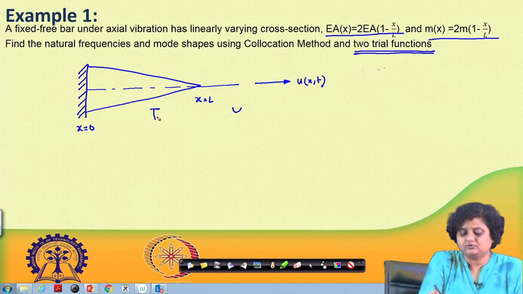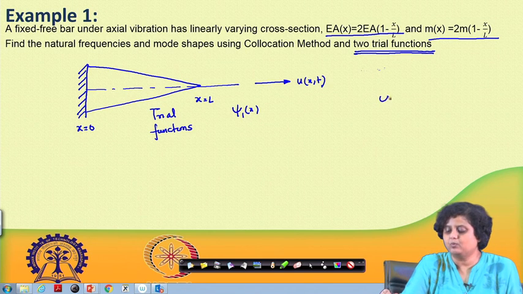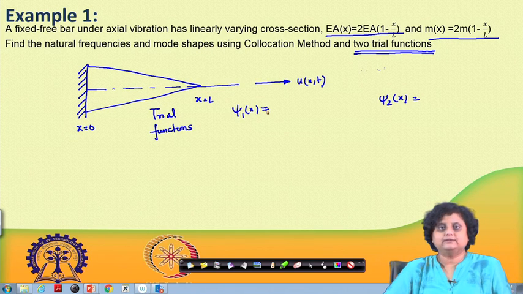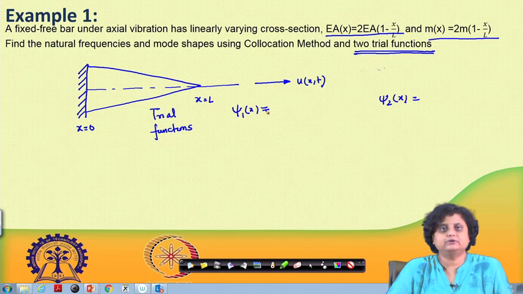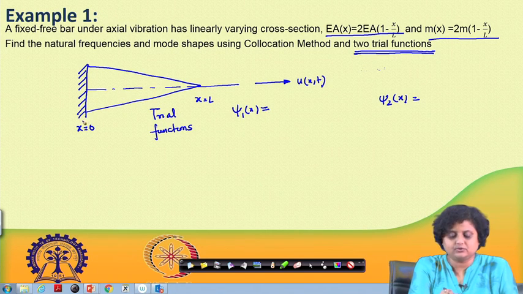Let me first choose the trial functions, that is the first job. What would be psi 1 x and what should be psi 2 x? The only criterion that the trial functions need to satisfy is all the boundary conditions. The boundary condition here is that the displacement is 0 at x equal to 0.